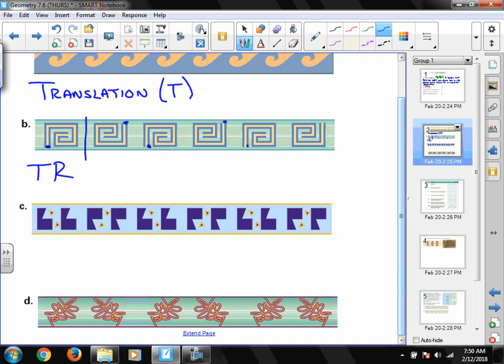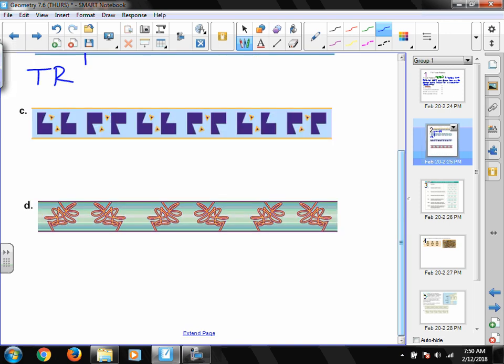If we look at C, this one's a little trickier. Our first unit is actually going to be the first two boxes. I guess they're not really boxes, but they're going to be the two shapes. So this whole thing is what we're working with.